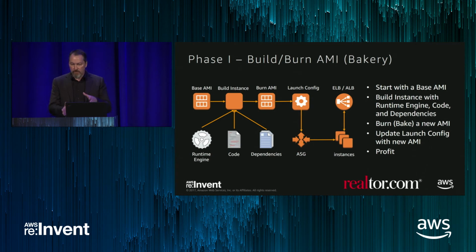You take that, you burn a new AMI, and that AMI becomes your artifact that you're going to deliver across multiple environments. It's very simple to deliver those AMIs by updating launch configs and scaling groups, then spin up instances, you throw an ELB or an ALB in front of it, and everything works great. Why would you want to do anything else?